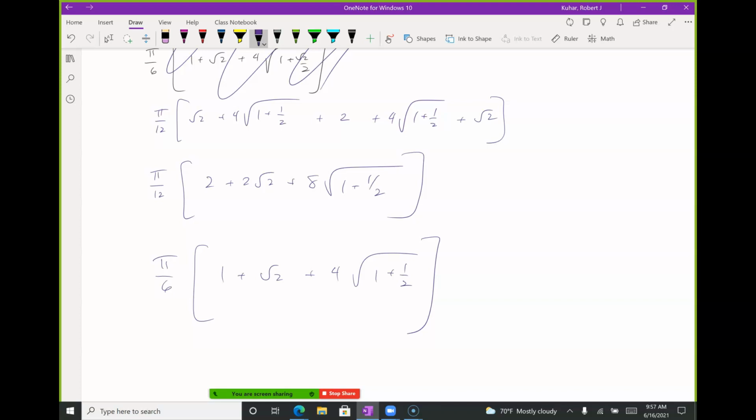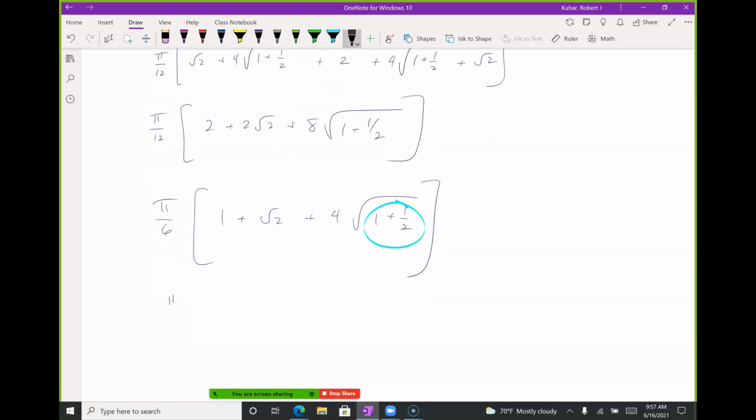I can certainly, right, I could simplify this more. I mean, I could almost never stop. But it's enough. Right, this is what, 4 square roots of 3 halves.